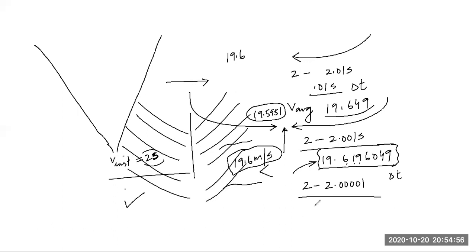Okay. So guys, having done all that, and having understood limits and everything, and also understood that when I say limit delta t approaches 0, delta s by delta t is equal to ds by dt.